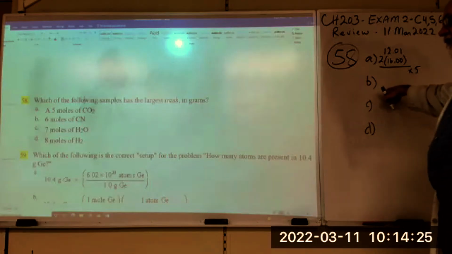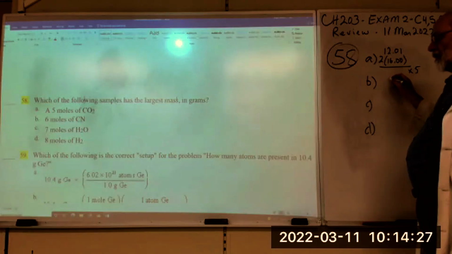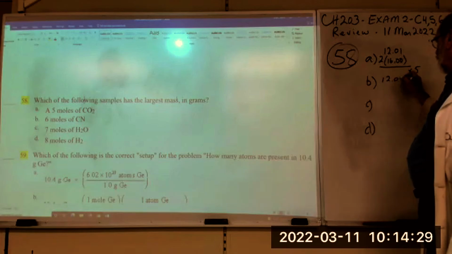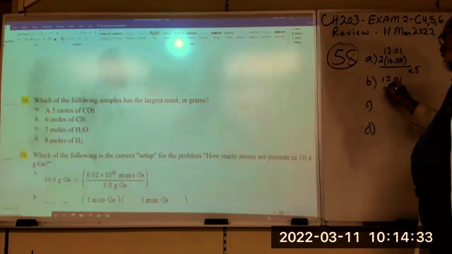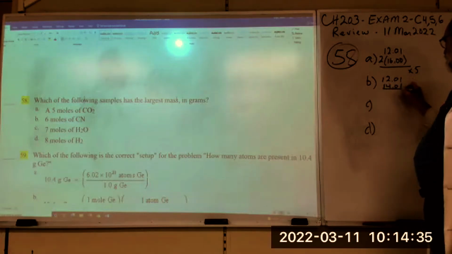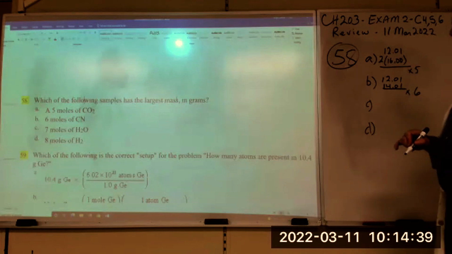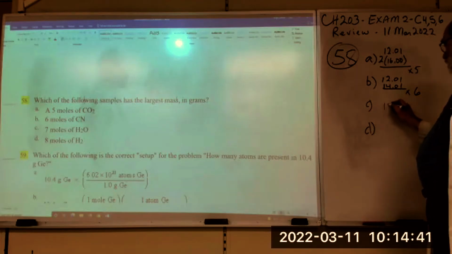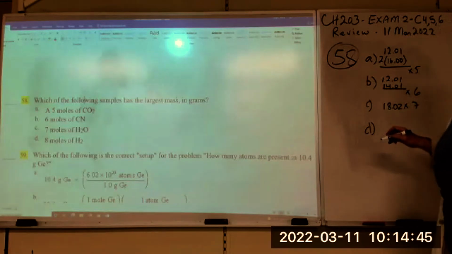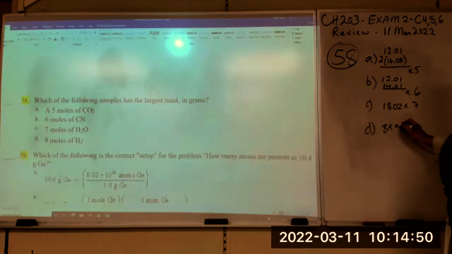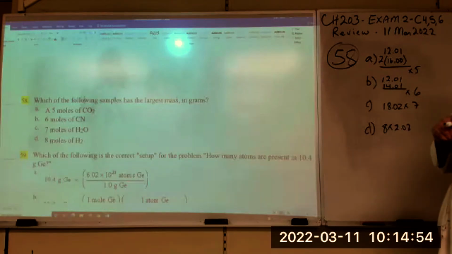And CN is 12.01 plus nitrogen, 14.01, times 6. And then water is, I know what that one is, 18.02 times 7. And then hydrogen is 8 times 2.02. 2 times 1.01.